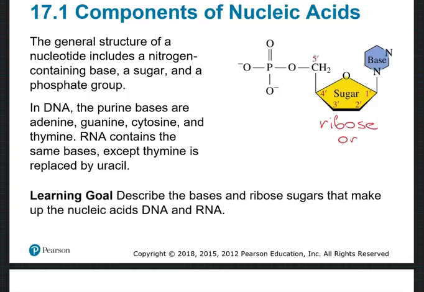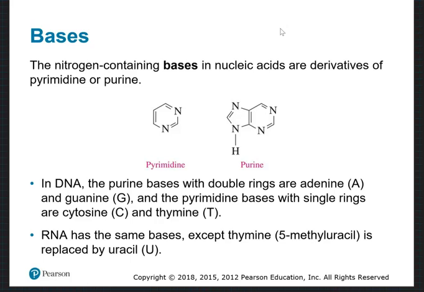ribose or deoxyribose, a nitrogenous base, and the phosphate residue. The bases are divided into two groups: pyrimidine bases and purine bases.